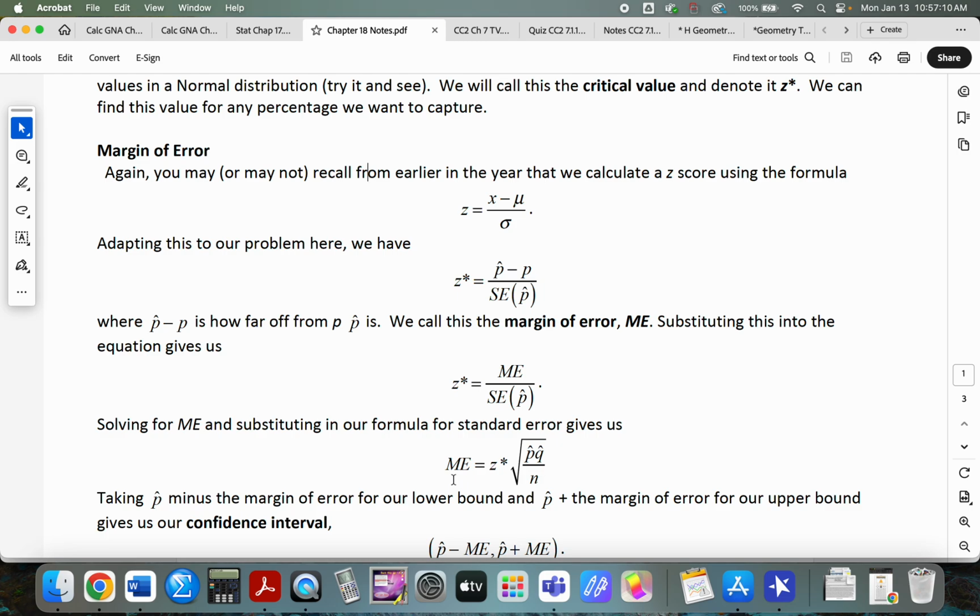So p is a parameter because it's for the whole population. p hat is a statistic because it's taken from a sample. It's not everybody.